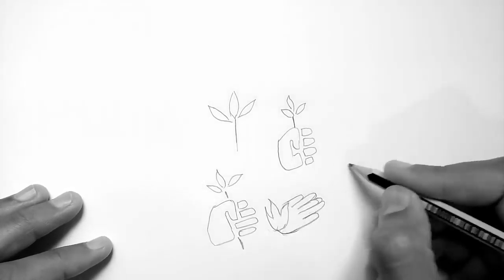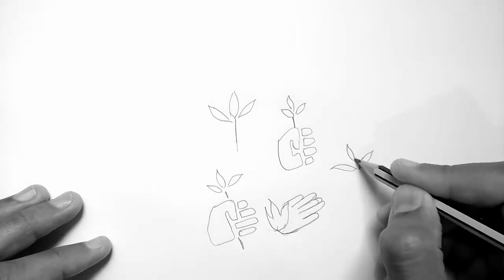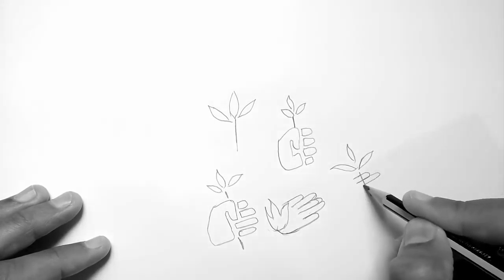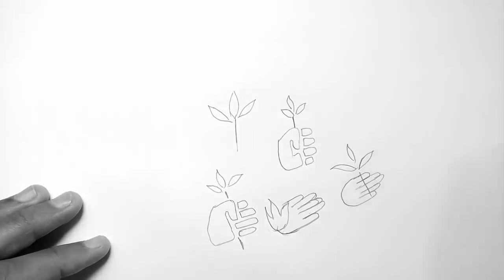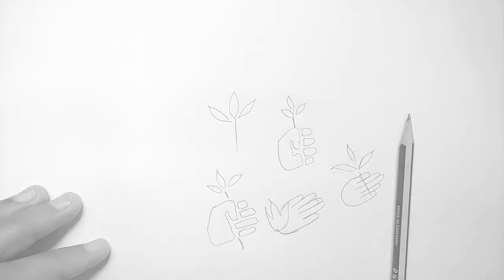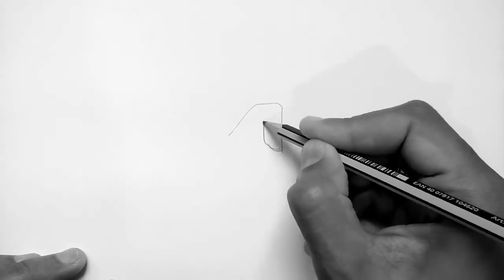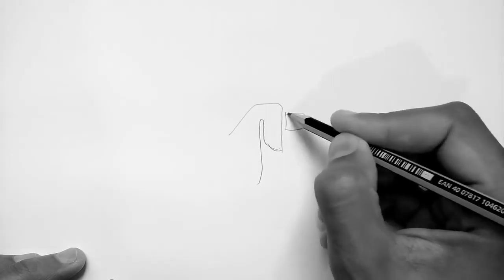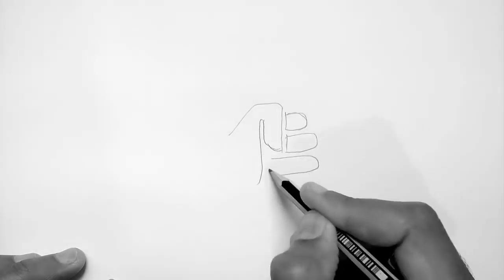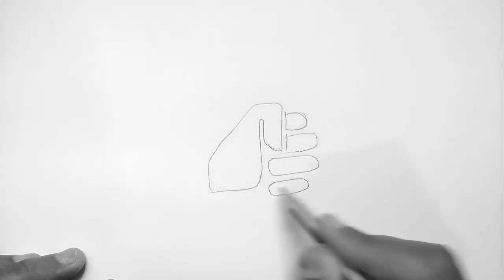Sketching is an excellent way to quickly explore concepts, and then you choose the right designs to clean up. I will clean this concept, then I will show you how to digitize it using Adobe Illustrator.